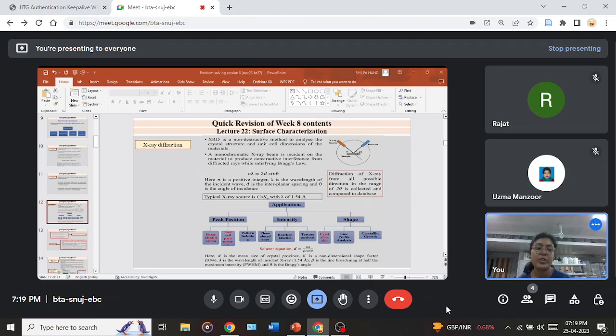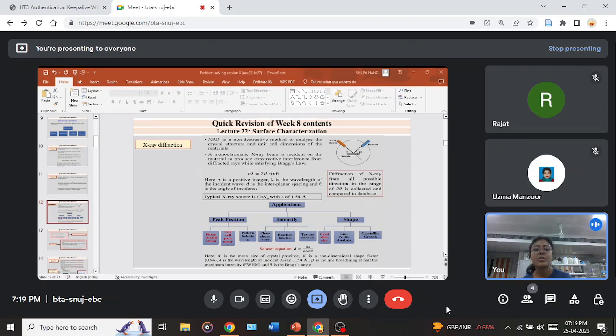Any question can be asked in your exams based on this X-ray source in XRD. In that case, you must remember what kind of X-ray source is used, because the lambda won't be given.